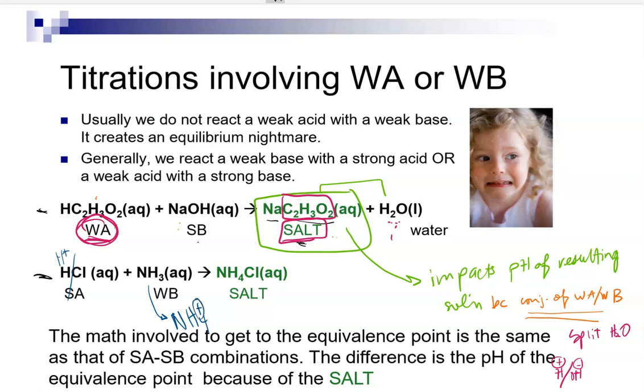He has a positive charge, and then because there would be these chloride ions left over, the conjugate of the acid, once he gave up his H plus, these 2 guys would be attracted to each other, and that's where we would get this ammonium chloride salt. So that follows a little bit of a different pattern than what we're used to seeing, but it's the same business going on: strong acid reacting with a weak base.